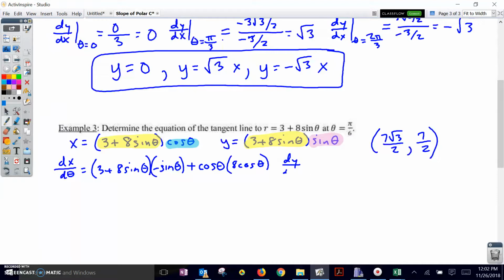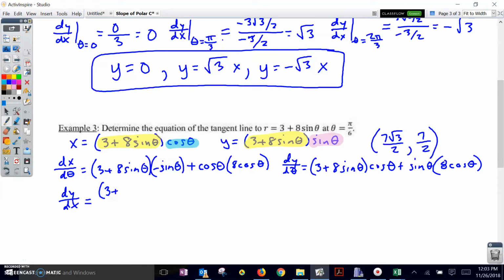And dy d theta is going to be 3 plus 8 sine of theta times the derivative of sine plus sine times the derivative of that, which is going to be 8 cosine of theta. And so dy dx is equal to dy d theta over dx d theta.